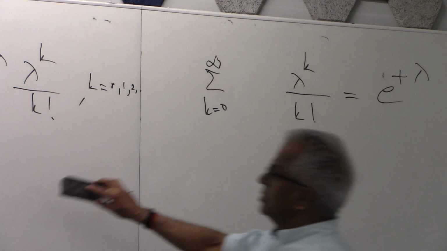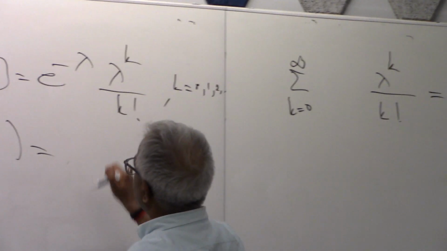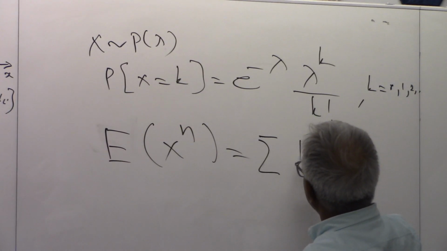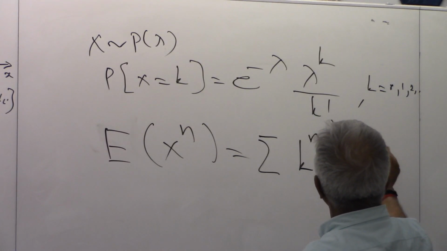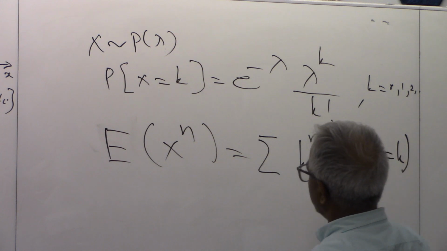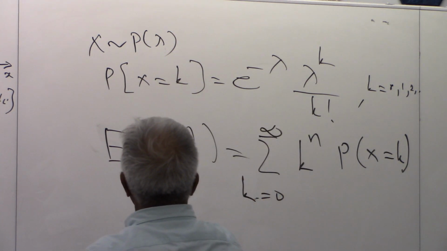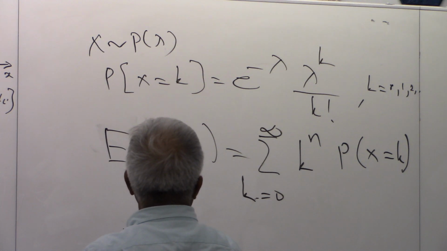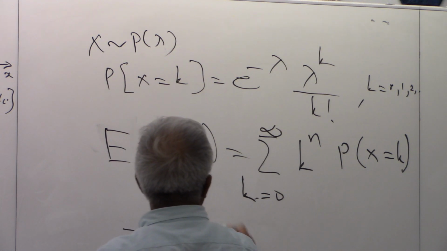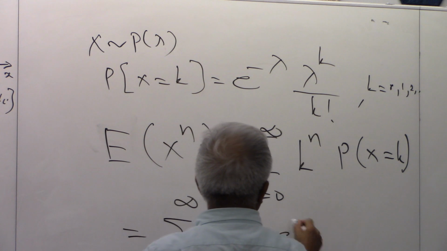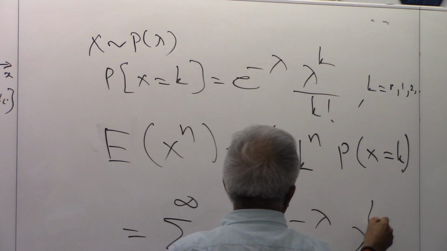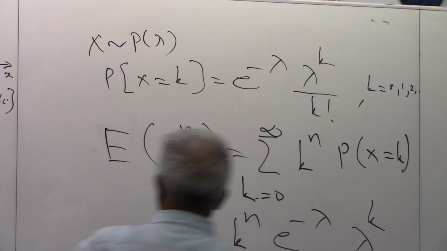So this is going to be the summation of k to the power n times the probability of x equal to k. This is what we need to compute, k equal to 0 through infinity, k to the power n, e raised to minus lambda, lambda to the power k over k factorial.